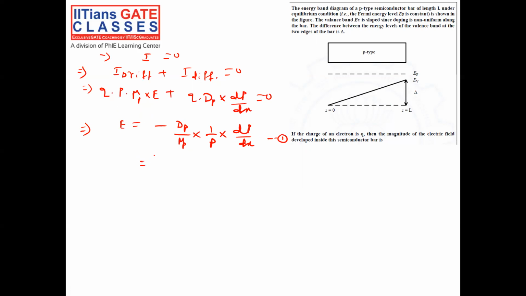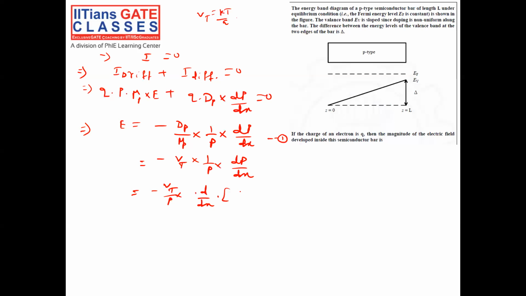Now you see, what is Dp by mu p? We know it is the thermal voltage Vt, where Vt is equal to kT by q. So Dp by mu p is equal to thermal voltage Vt. Now you calculate minus Vt by p into d by dx of p.